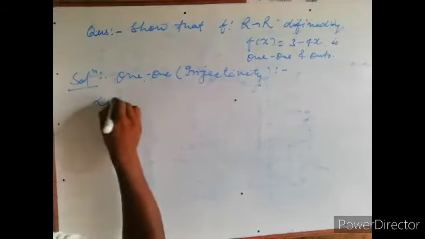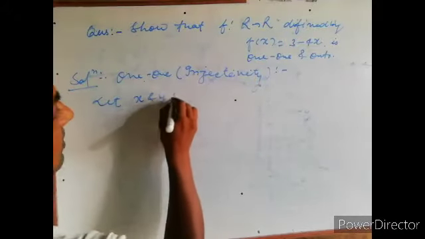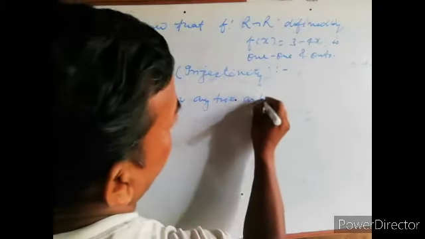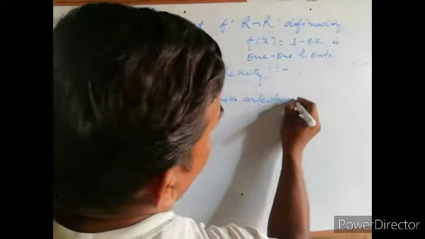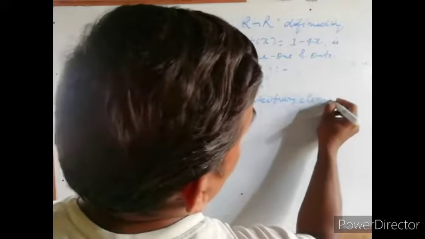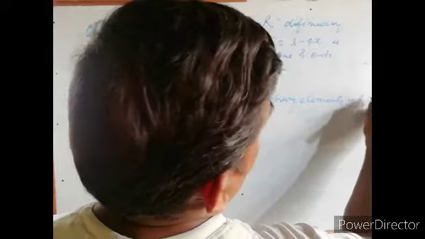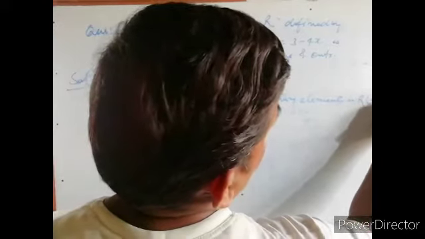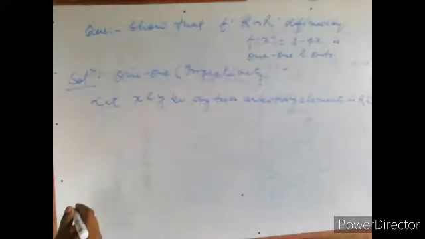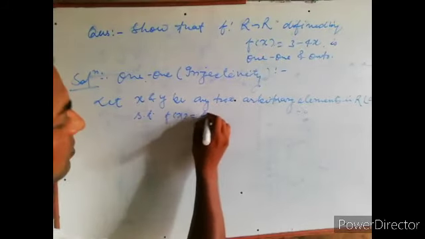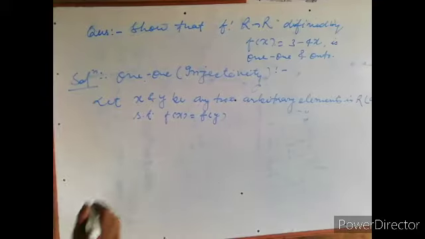So let x and y be any two arbitrary elements in set R, that is domain, such that f of x is equal to f of y.